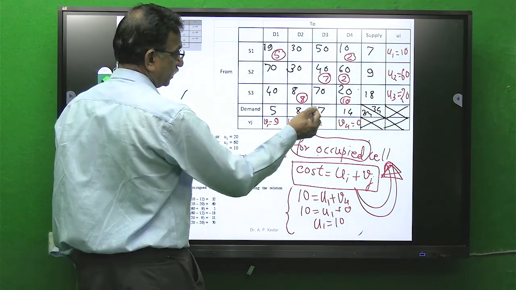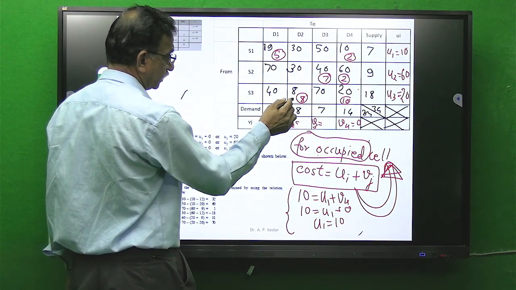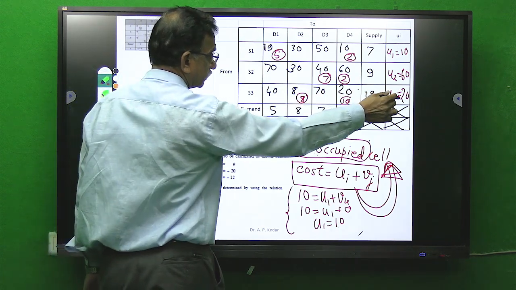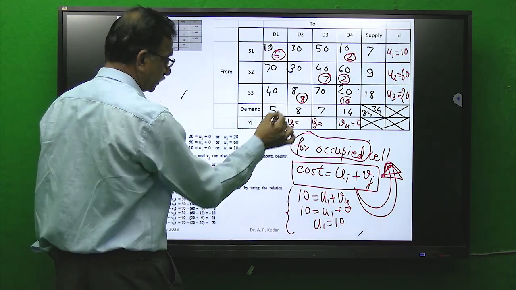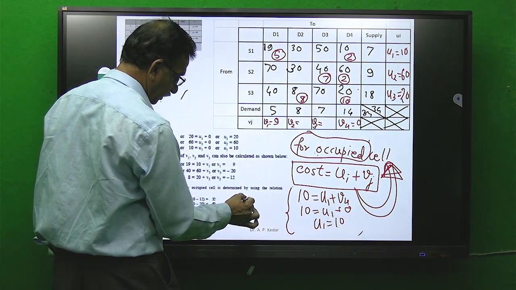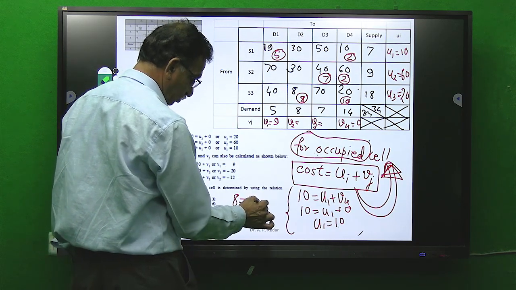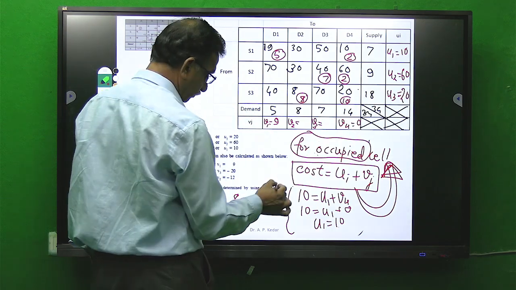Now here, this is occupied cell with value 8. So here 8 is equal to sum of v2 plus, this is 20.